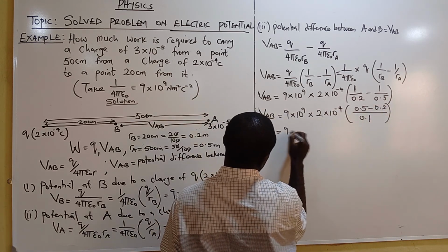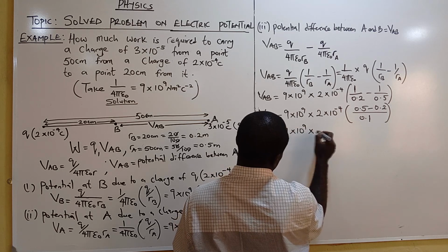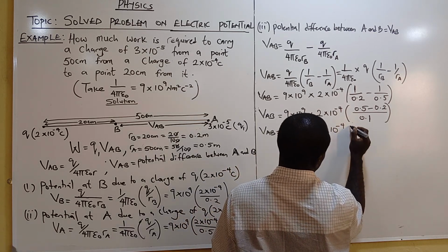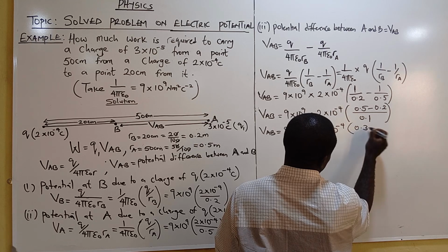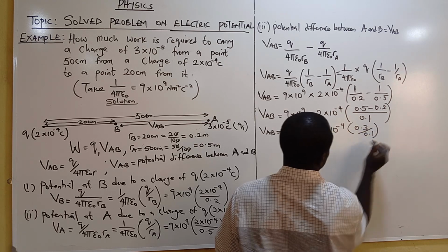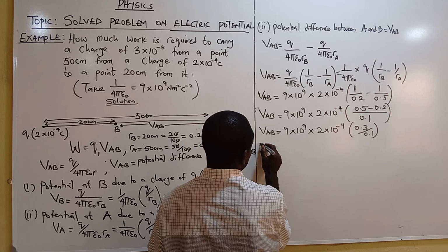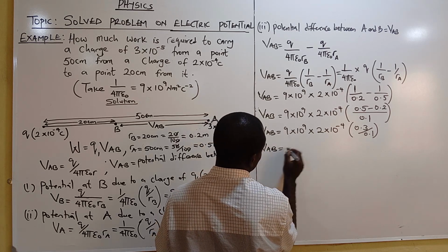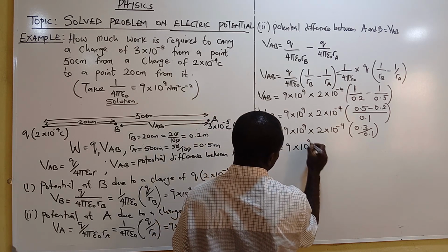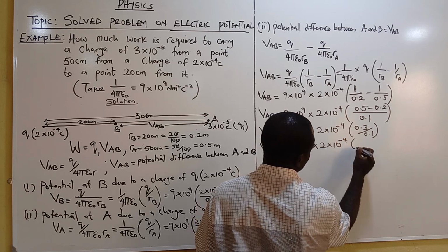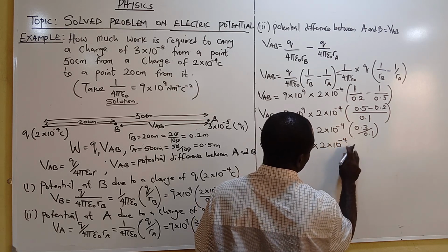VAB equals 9 times 10 to the power 9 times 2 times 10 to the power minus 4. When you subtract, you have 0.3 divided by 0.1. Okay, VAB equals 9 times 10 to the power 9 times 2 times 10 to the power minus 4. When you divide it, you have times 3.